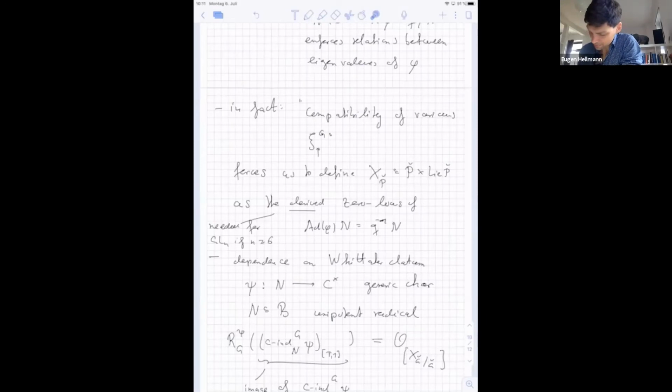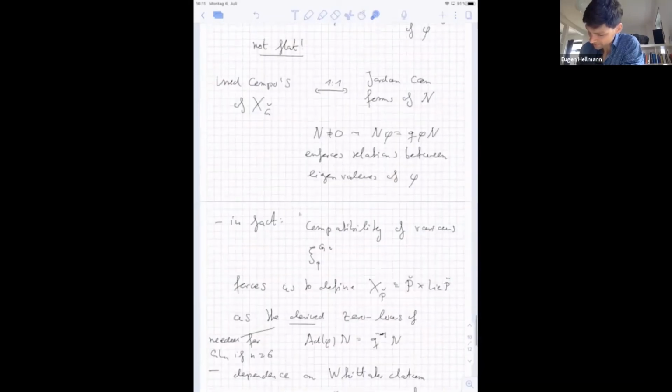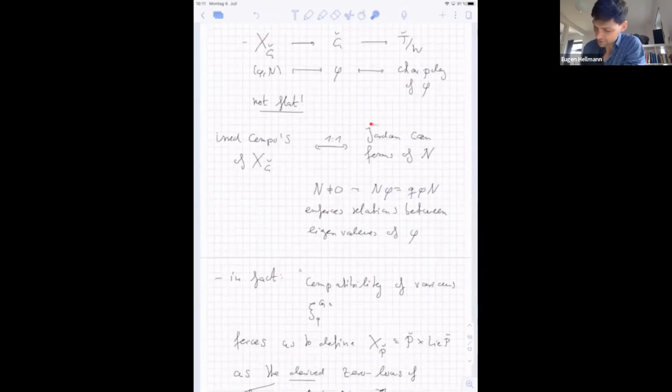So for GLN and small n, in some sense, this equation here still yields an exact Koszul complex. So this guy here is a complete intersection inside here. But if n becomes large, this is not true anymore. And the reason is in fact a little bit hidden here.